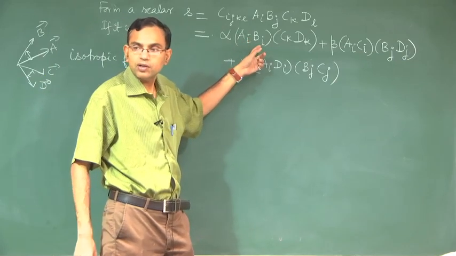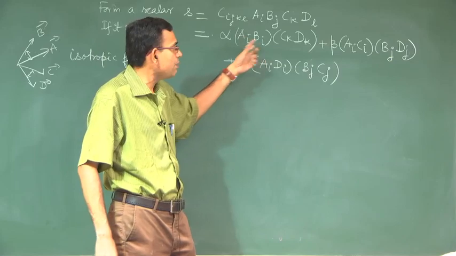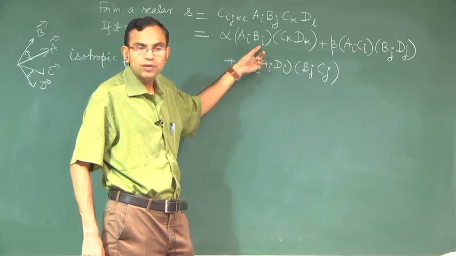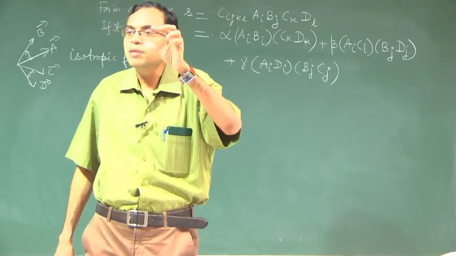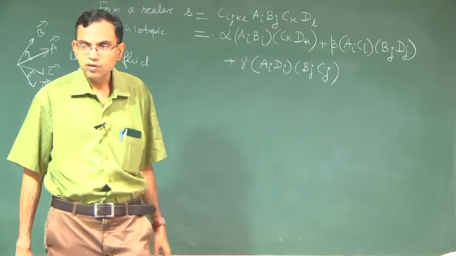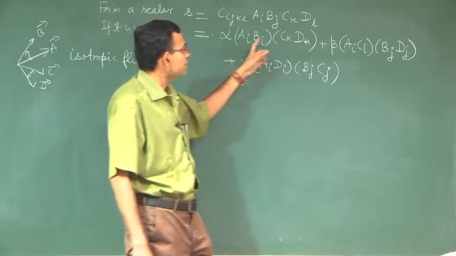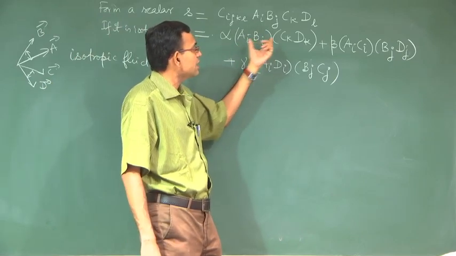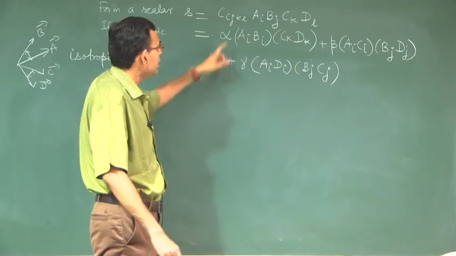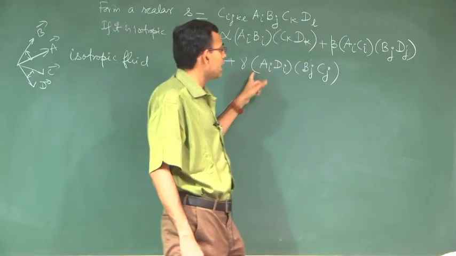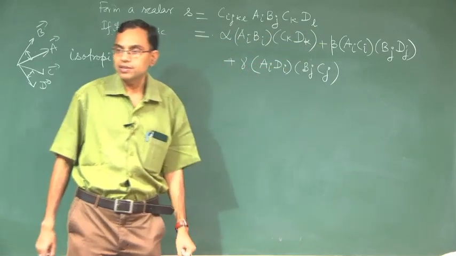This is the dot product of the 2 vectors A and B. a_i b_i is essentially A dot B. A dot B will automatically give the cosine of the angle between the 2 vectors. So, the angles between the vectors is given importance, but not their absolute orientation, and then these constants alpha, beta, gamma are arbitrary mathematical constants.